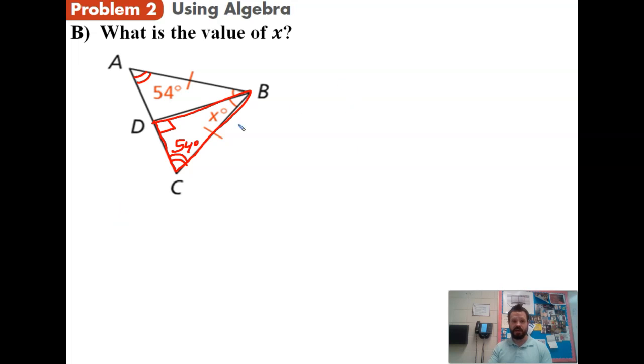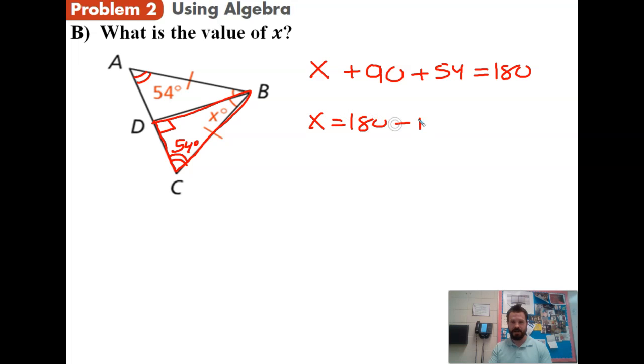So what I can do with that then is I can solve for the missing angle, given the two angles I know. I can say that x plus 90 plus 54 is equal to 180. So in other words, x is going to be equal to 180 minus 90 minus 54.